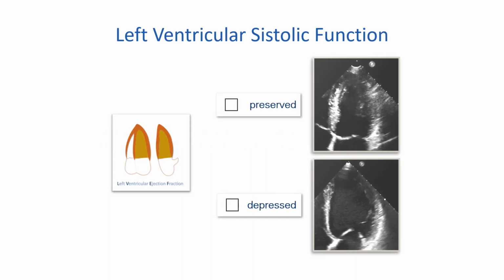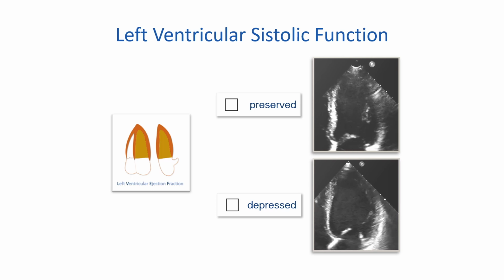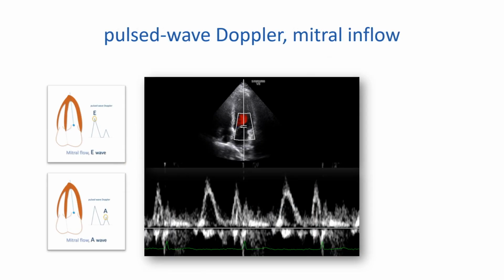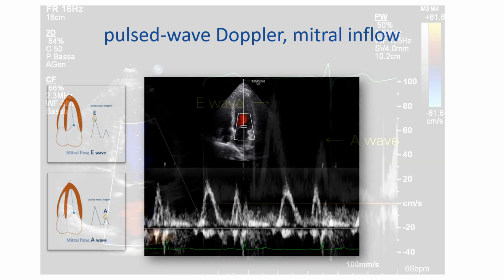A brief summary of the echocardiographic parameters that may be involved. The LV systolic function expressed by the categories preserved or depressed. The mitral valve diastolic flow sampled with pulsed Doppler.